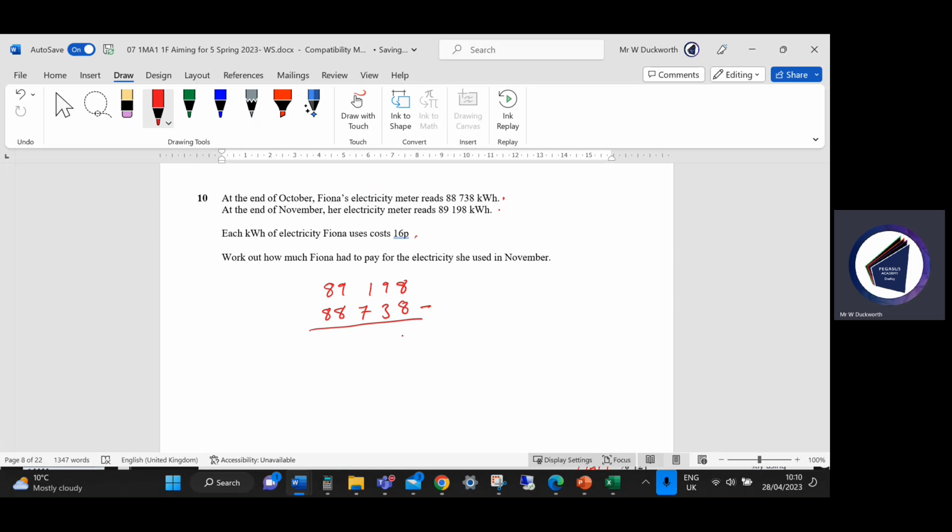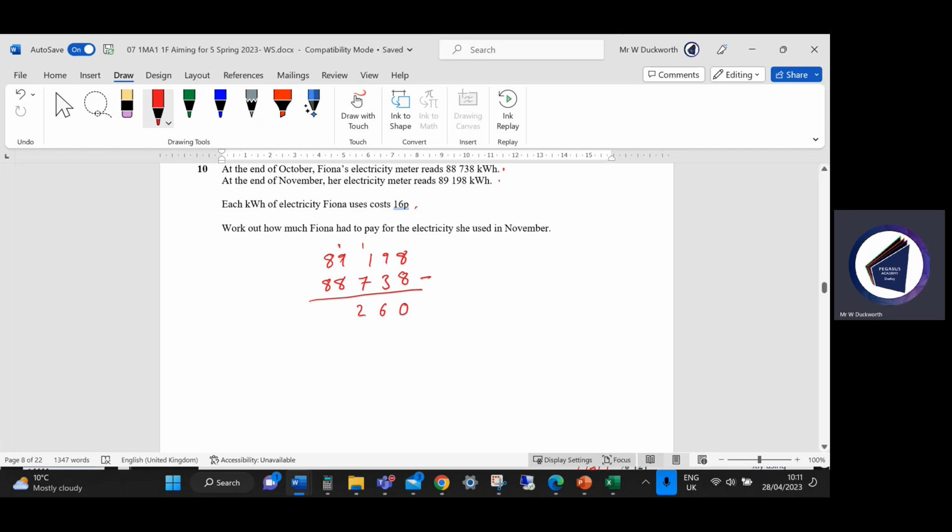So the amount of electricity she used was 260 units of electricity, or kilowatt hours of electricity. And if each one of those costs 16 pence, just to make this much more straightforward, I'm going to treat it as 260 times by 0.16.